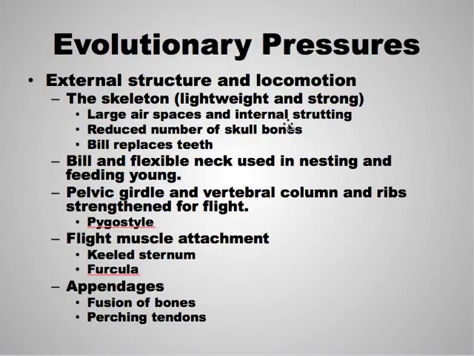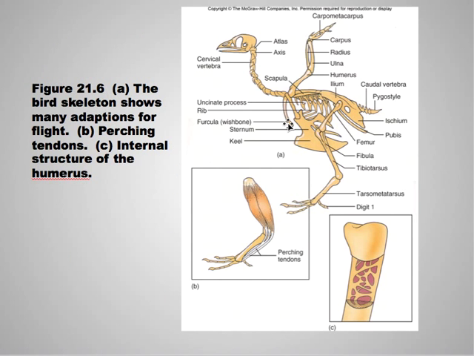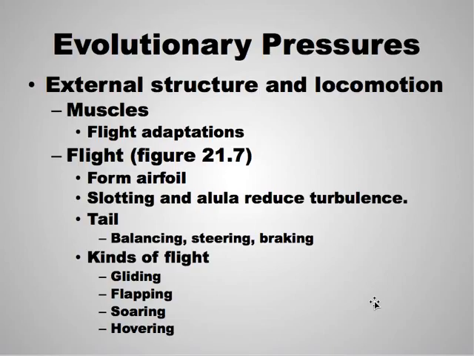For the appendages themselves, there's been fusion of bones and also some perching tendons that are an addition. So perching tendons here. This is the matrix throughout the bones. They do have new muscles, which have been adapted for flight.